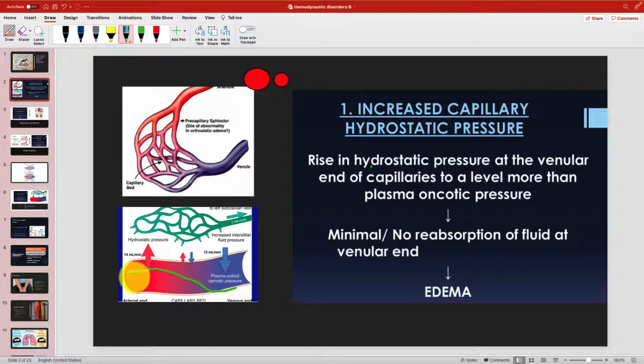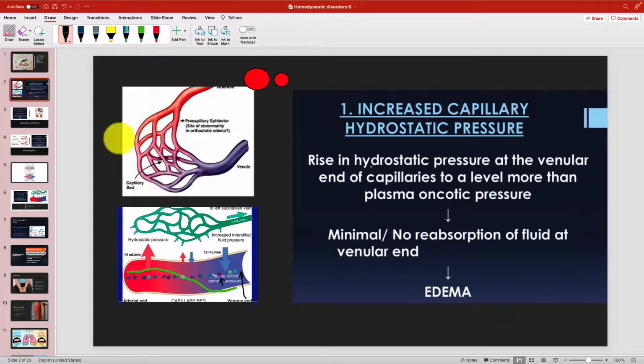And I'm just going to draw this as oncotic pressure, right? It's just kind of stable across the entire width of the vessel. And this drop here in hydrostatic pressure basically allows the oncotic pressure to be greater, right? So now we have a greater oncotic pressure, and that's what pulls things back inside.